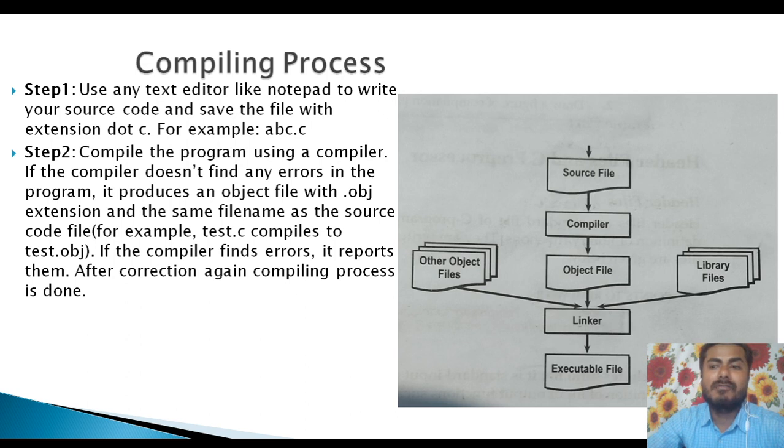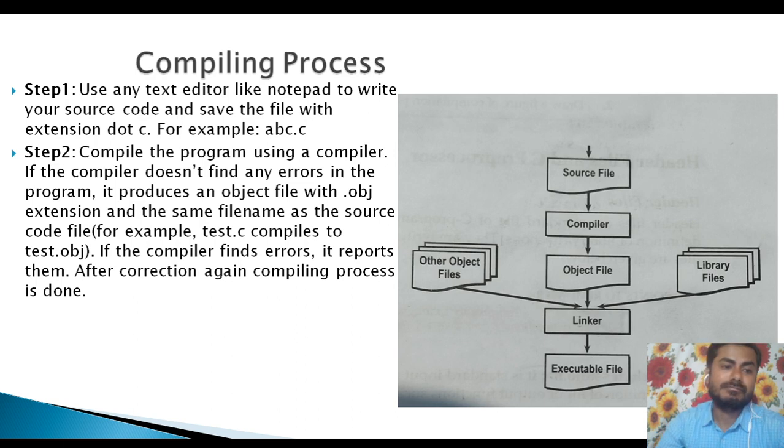After correcting, the compiling process is done again. That means if the compiler finds any error, it will not form any object file, so it will show you all the error reports, and after correcting those errors, the user has to compile the source file again. Then if no error is found, only then will the object file be created.